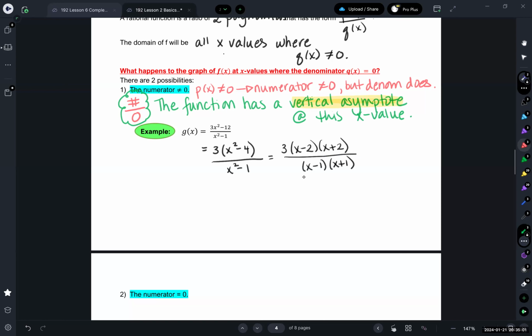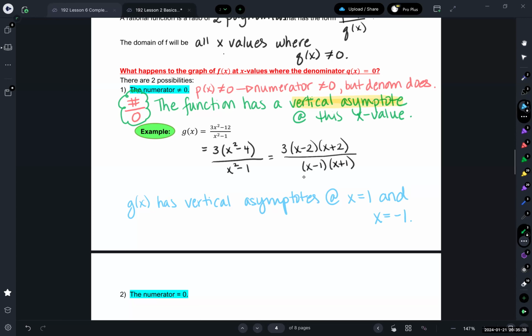So our conclusion would then be that g of x has vertical asymptotes at x equals 1 and x equals negative 1.